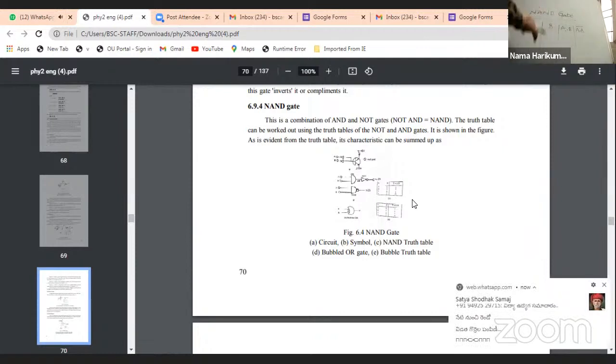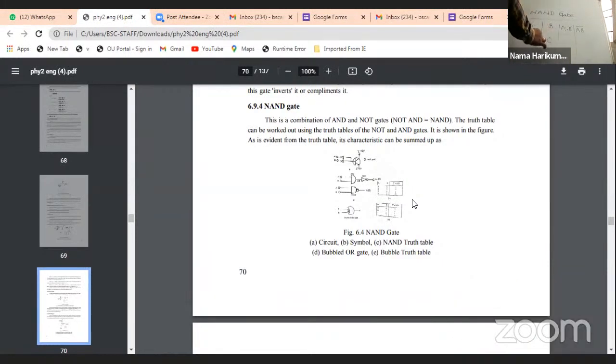A dot B is the AND gate, and the complement is the NOT gate, so A dot B complement is the AND gate and NOT gate combination, which is nothing but a NAND gate. So that's why we write A dot B complement. The maximum possibilities for the A and B values are 0 0, 1 0, 0 1, and another one is 1 1.